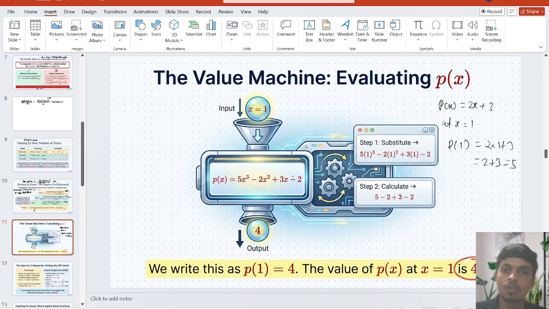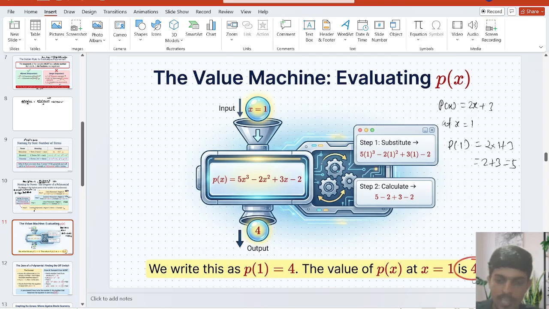Substitute x equal to 1 in that expression: 5 into 1 cube minus 2 into 1 square plus 3 into 1 minus 2. You get 5 minus 2 plus 3 minus 2, that is 8 minus 4, which is 4. The output is 4. Now we write p(1) equal to 4. The value of p(x) at x equal to 1 is 4. So the polynomial is treated as a value machine: if we take input, we get output.